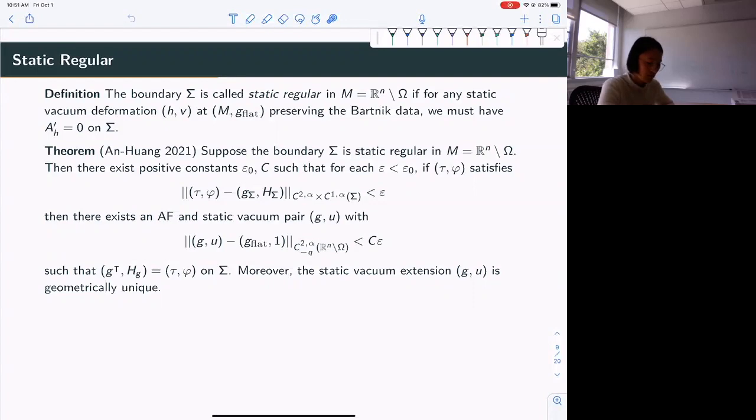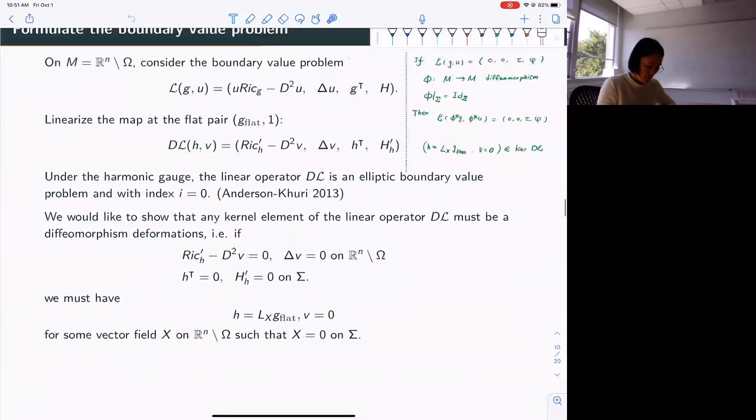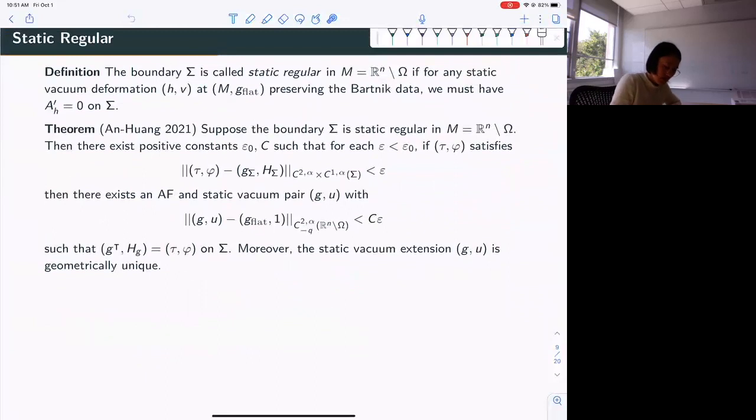In more detail, we show that if we have data tau and phi which is very close to the Bartnik data (g_Sigma, H_Sigma), which is the Bartnik data on Sigma induced from the flat metric in the exterior region, then we can always find an asymptotically flat static vacuum pair (g, u), which is close to the flat pair, and this metric g realizes the given Bartnik data on the boundary manifold Sigma.